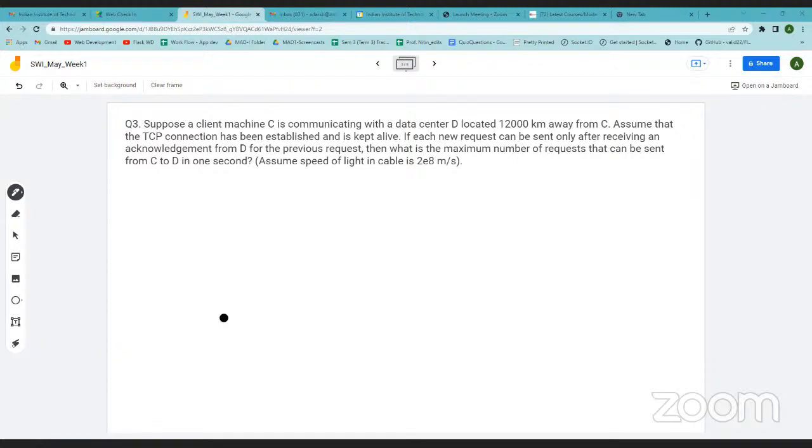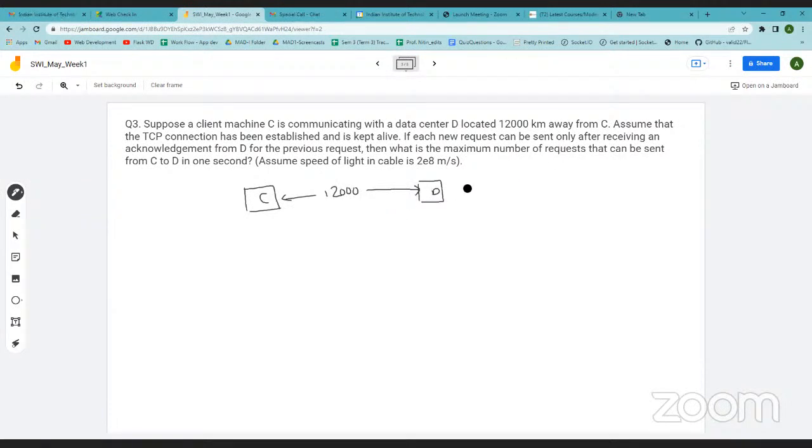So the first statement that is given here is pretty much understandable, and we have solved questions on this. This just gives an idea of distance between the client and the data center, which is 12,000 kilometers.